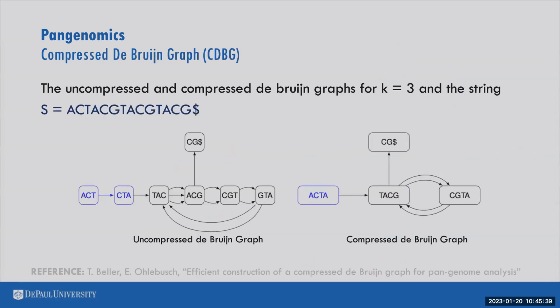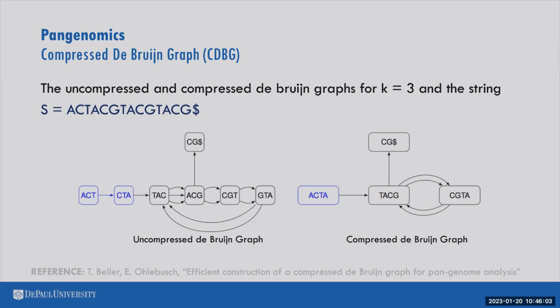You can also generate a compressed de Bruijn graph. So here, if you just look at this, this is just using the strategy that I said. You can come up with the uncompressed de Bruijn graph for this string. So if you look at it, CTA can actually be compressed into ACTA.